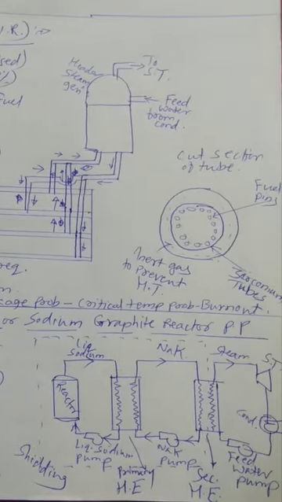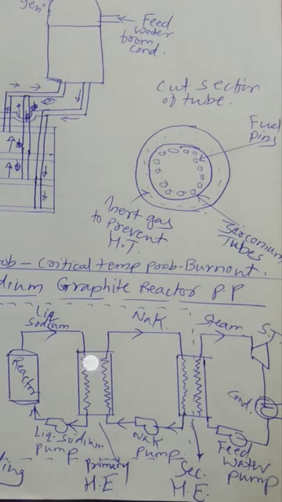Next, in the second cycle, there is sodium potassium, the secondary coolant, which takes the heat from the primary heat exchanger and later transfers it to the secondary heat exchanger, which we can also call the steam generator, where the steam is generated, because the third compartment contains our normal conventional power cycle, where the feed water gains heat from the sodium potassium.